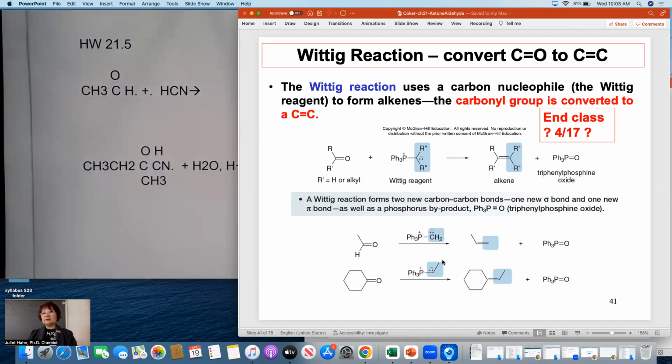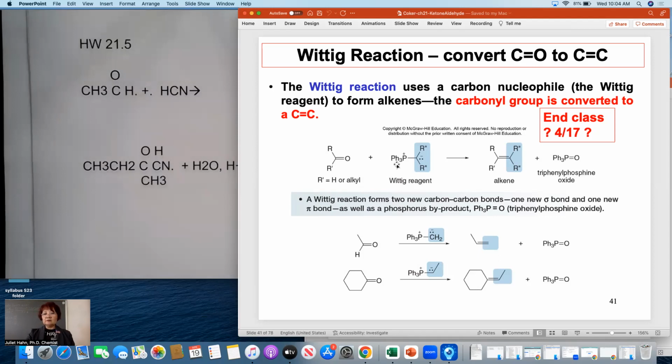So for the Wittig reaction, all you essentially do is convert a carbonyl oxygen into a carbon. You convert a ketone or aldehyde into an alkene. That's the overall effect of the Wittig. The question, of course, is what exactly gets attached where? To do this, you have a Wittig reagent. So what's our Wittig reagent?